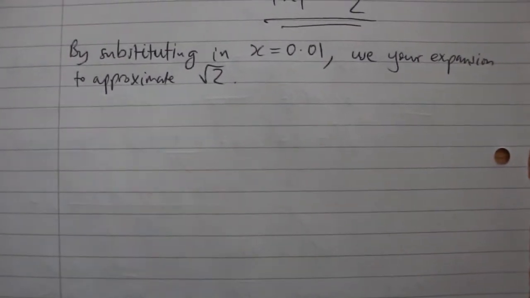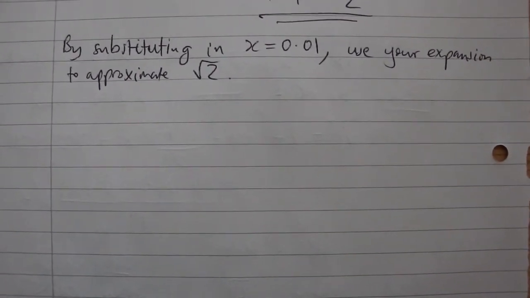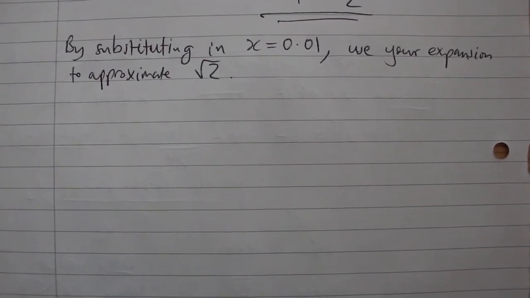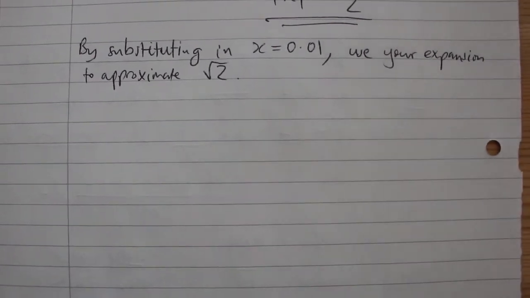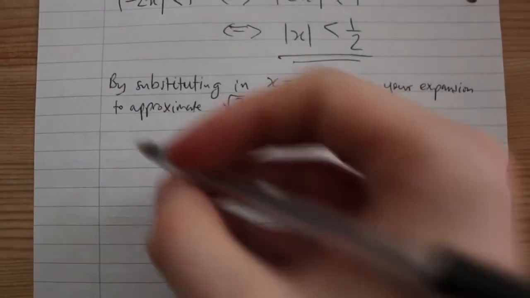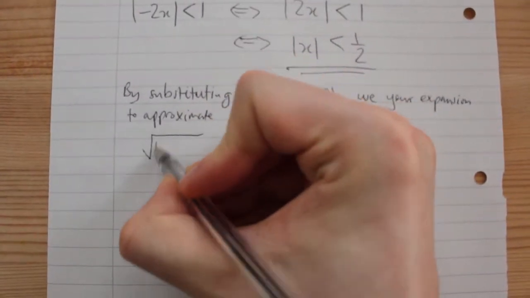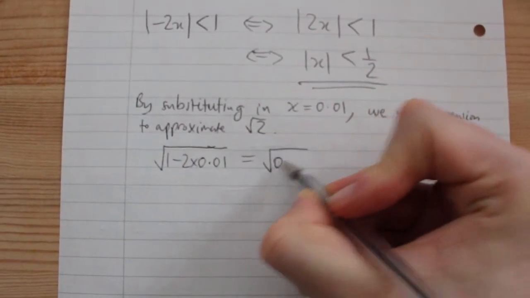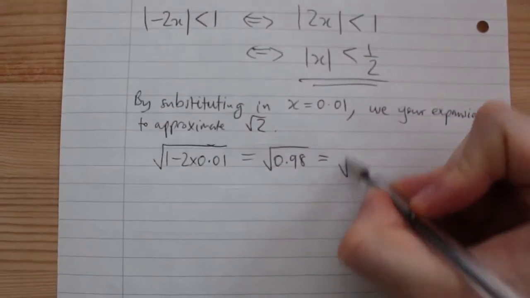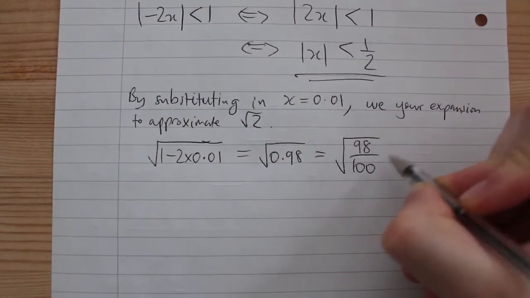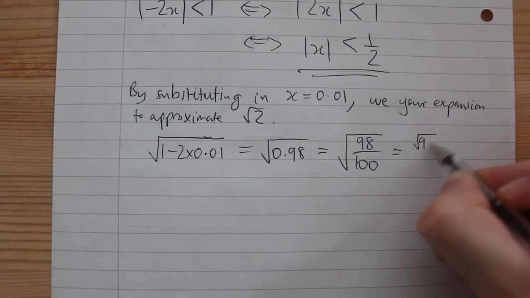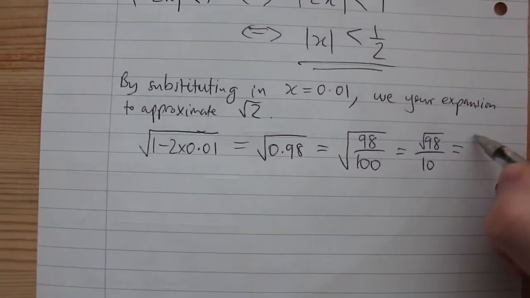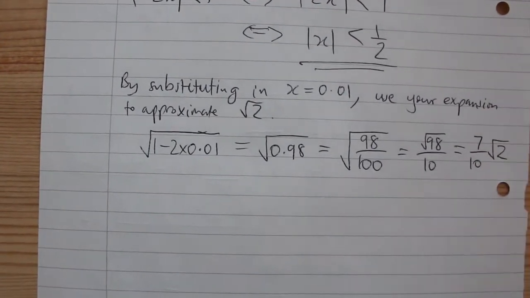The next part of the question is as follows. By substituting in x equals 0.01, use your expansion to approximate root 2. Well, if x is 0.01, we have root of 1 minus 2 times 0.01, which is root of 0.98, which is the root of 98 over 100, which is the root of 98 over 10, and 98 is 49 times 2, so this is 7/10 of root 2.